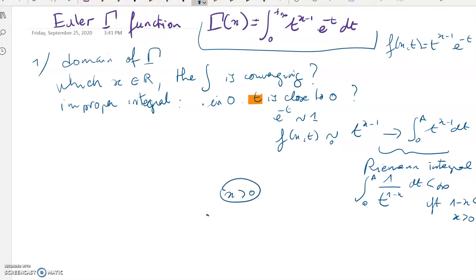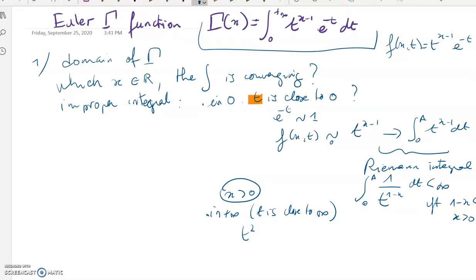Let's have a look at plus infinity, where t is close to infinity, because that's what we are integrating with respect to. At plus infinity, we can again use the Riemann criterion. Let's compare to 1 over t squared.